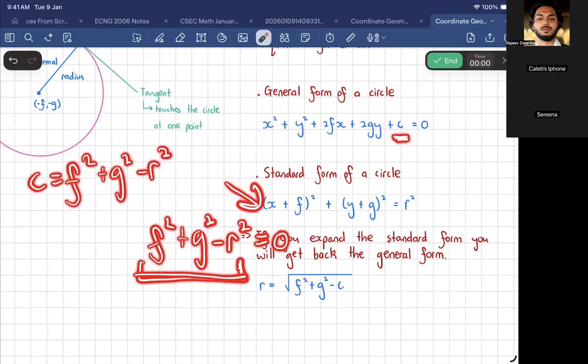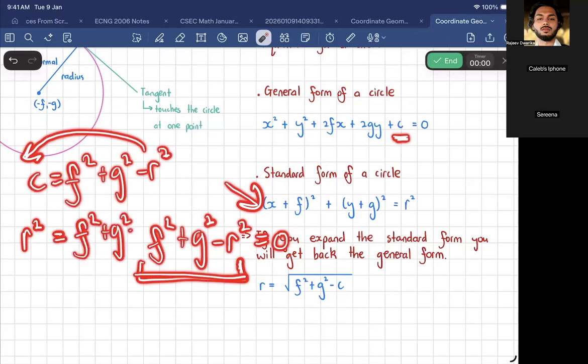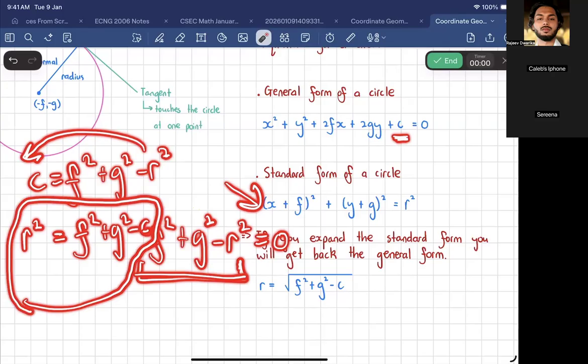And if you were to make r the subject of the formula, this is what would happen. If I move across r squared here, that's going to be r squared, and if I move across the c, that's going to turn to f squared plus g squared minus c. Serena, let me know if you understand that. Yes, sir. And if I want to find r now, how do I do it?